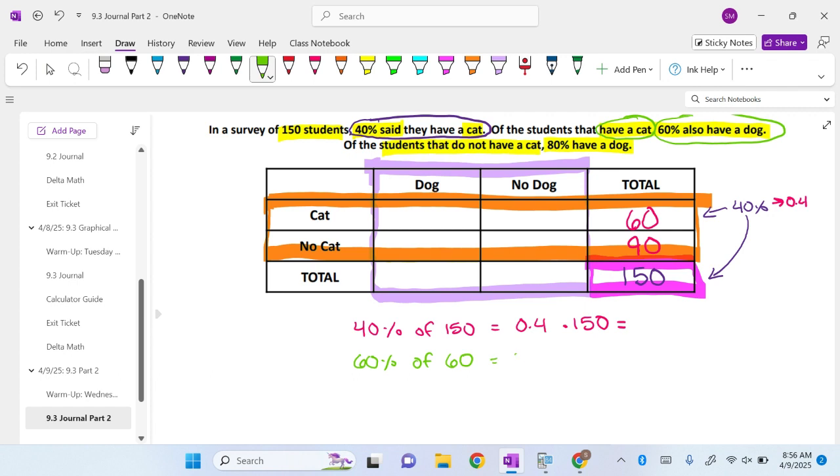So we would do 0.6 times 60, which would give us what? 36. So this box right here is 36. So now I can fill in the number of people with a cat with no dog. How many people that have a cat do not have a dog? 24.